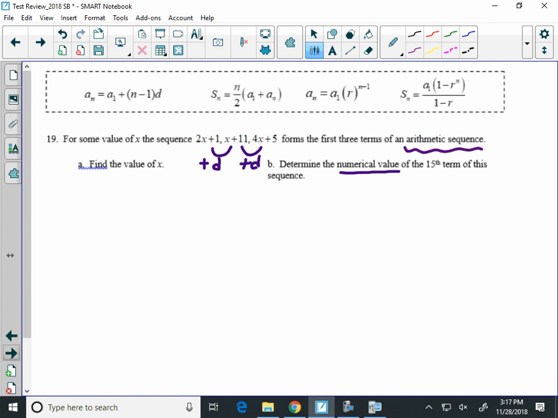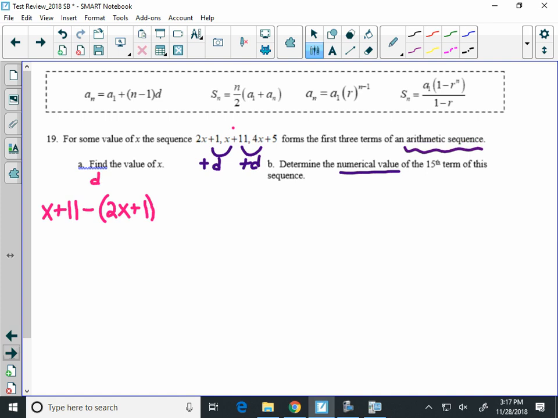We need to think about that common difference here. We know that the common difference is always the same. So the way I'm going to figure out what x is, is to set up a crazy looking equation. I know that if I take this second term, x plus 11, and I subtract the first term, that right there is going to give me the common difference.